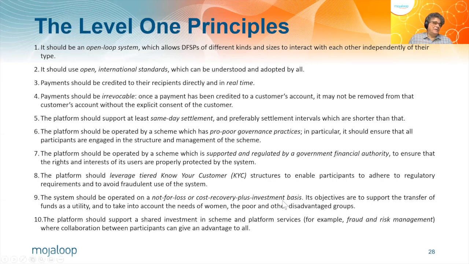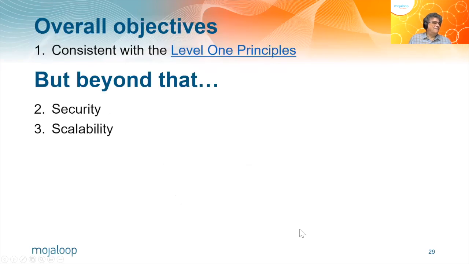We want it to be something that can be used by as many people as possible for the lowest possible fee. And also the platform should support shared investment in scheme and platform services where those sharings can give an advantage to everybody who uses it, and particularly an advantage which makes the system safer or cheaper or faster to use. So that's a very brief statement of what the level 1 principles are.